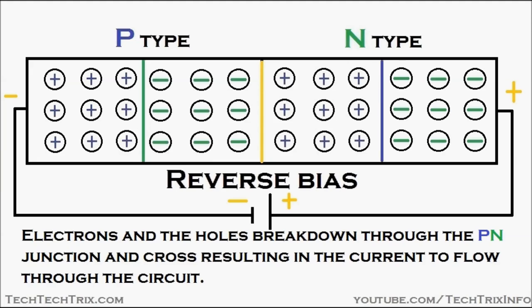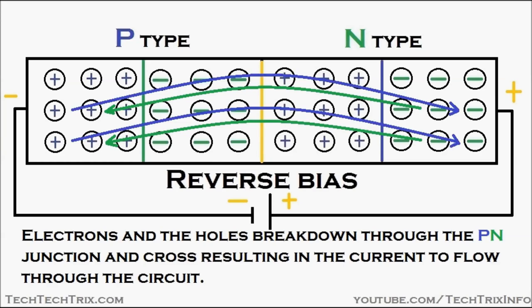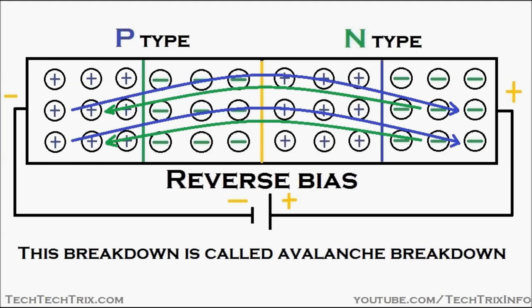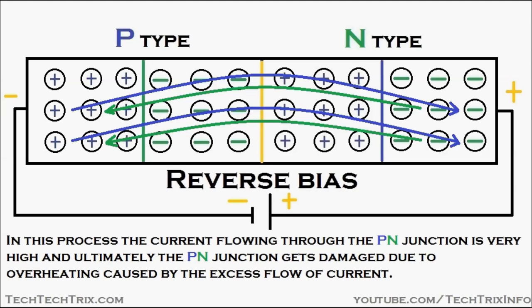You can see the negatively charged electrons break through this junction and move towards the P region, and the positively charged holes break through and move towards the N region, resulting in the flow of current. This breakdown is called avalanche breakdown.